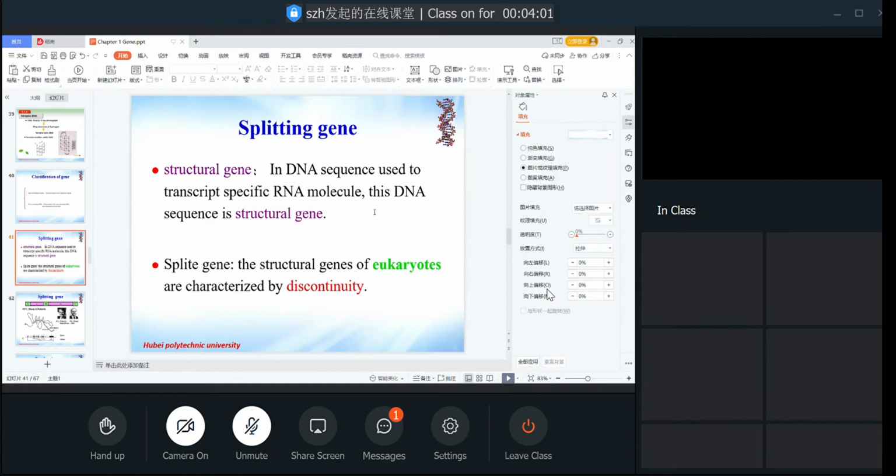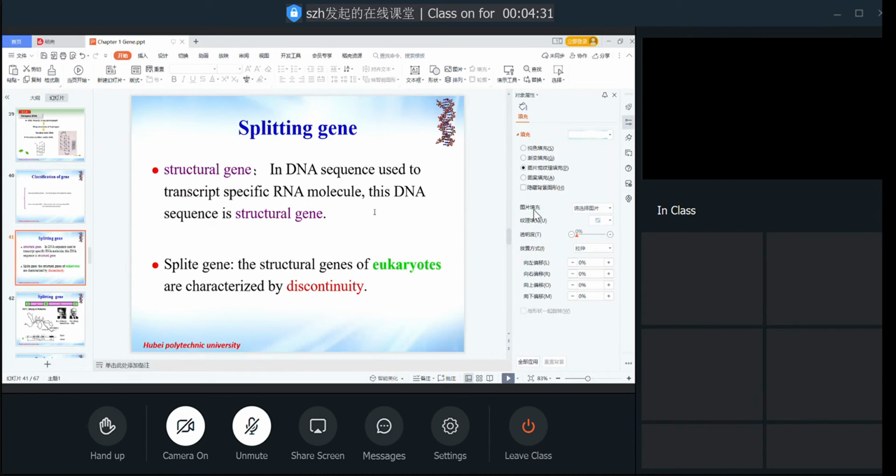Here you can see this. My students must remember this before studying another definition, the structural gene. The DNA sequence in the gene is used to transcribe and produce a specific RNA molecule.